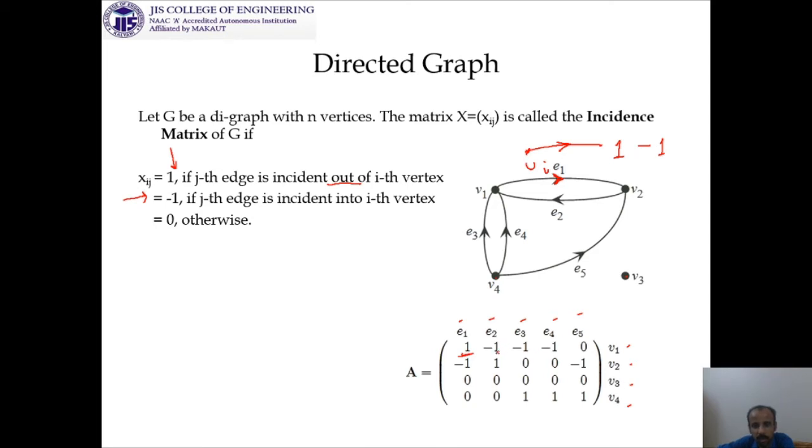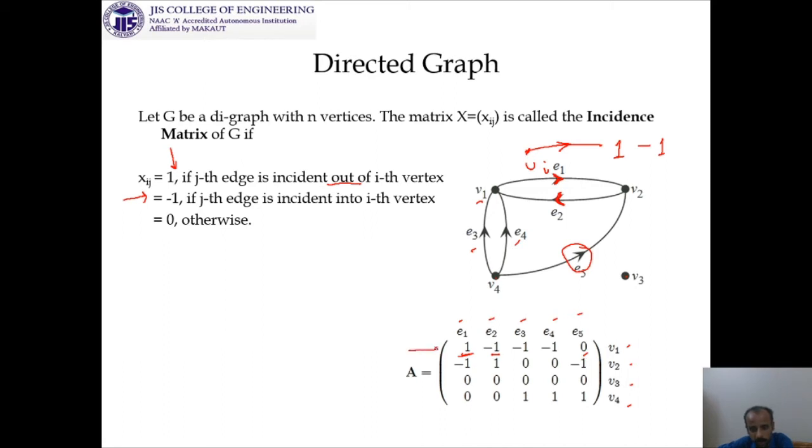But E2 is minus 1, because E2 is not incident out; it is coming in, incident into vertex V1, so it is minus 1. Look at this, E3 is also incident in, E4 is also incident in, so all these are minus 1, and E5 has no connectivity with V1, so it is 0.